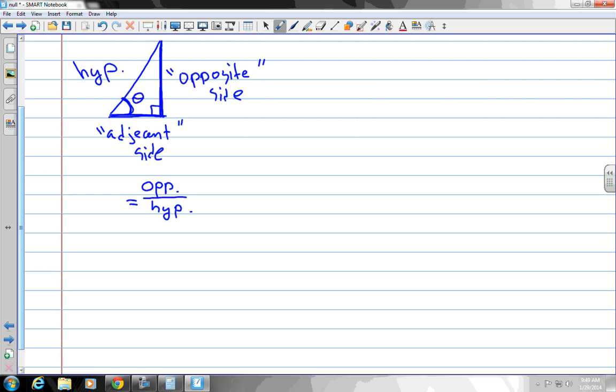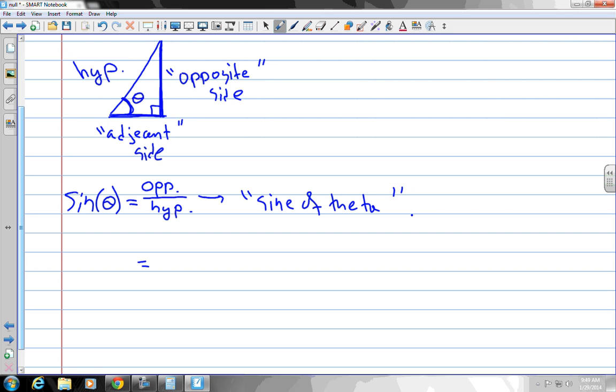We call this ratio the sine, and we denote it sine of theta. So forever and ever, the ratio of opposite side to hypotenuse in a right triangle is called the sine of whatever angle you're looking at.